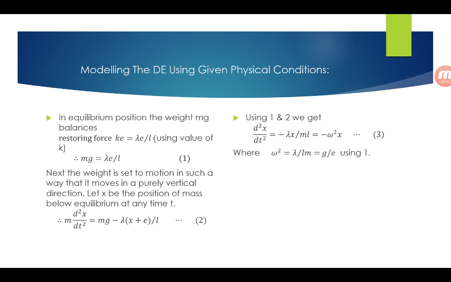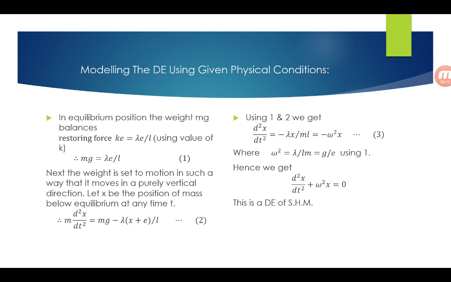We'll denote the term lambda by mL by omega square, which can also be written as g divided by E using equation 1. Rearranging equation 3, we get d2x by dt square plus omega square x equal to 0. This is a second order differential equation, and it is known as the differential equation of simple harmonic motion.